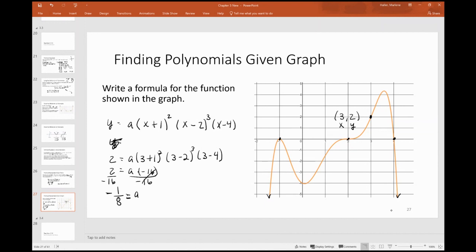They're both heading down, so that means it should be reflected, or have a negative leading coefficient. So that makes sense. Let's write it now. Y equals -1/8 times (x plus 1) squared times (x minus 2) cubed times (x minus 4). All right, that ends the lecture for section 3.3.